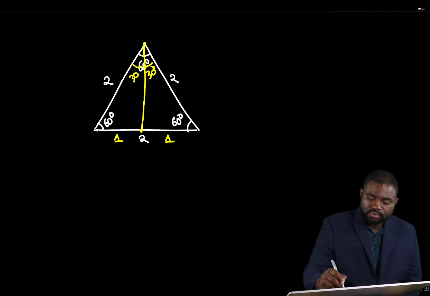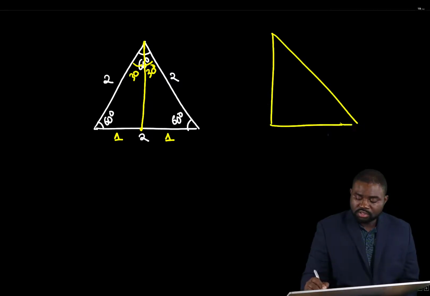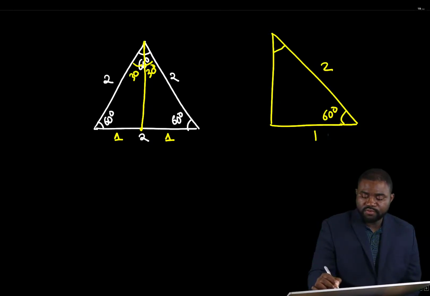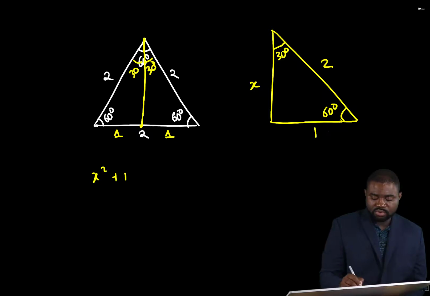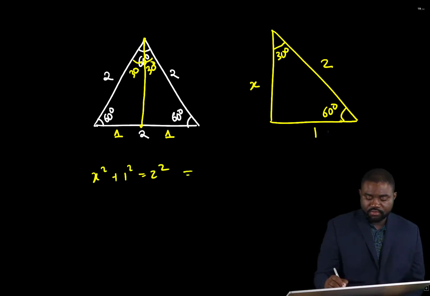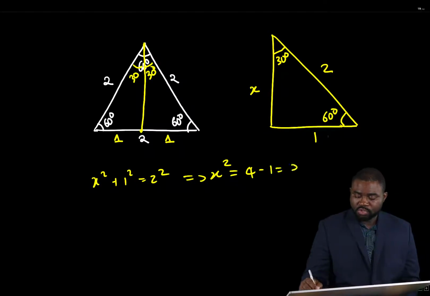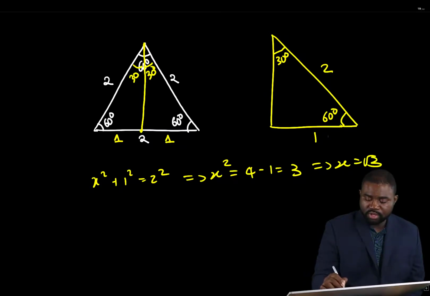So if we draw just one of the right angle triangles, this is 1, this is 2, this is 60 degrees, this is 30 degrees, and obviously if we call this x, you will know that x squared plus 1 squared is equal to 2 squared. This will mean that x squared is equal to 4 minus 1, which is equal to 3, which means that x is root 3. So this obviously will be root 3.